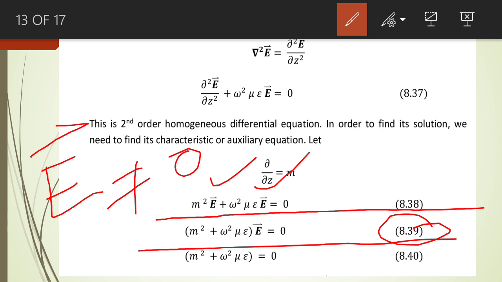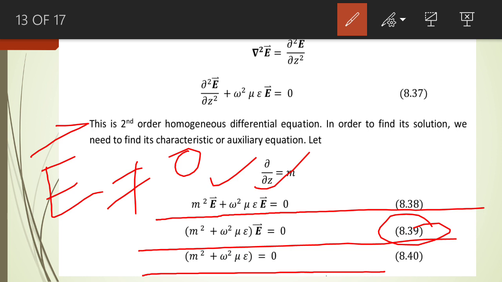If the electric field intensity of the wave is 0, it means that the wave does not exist in this medium at all. So you cannot replace the electric field intensity by 0. So what we do, we replace the first term by 0. If we replace the first term by 0, we have m square plus omega square mu epsilon, which is equal to 0.